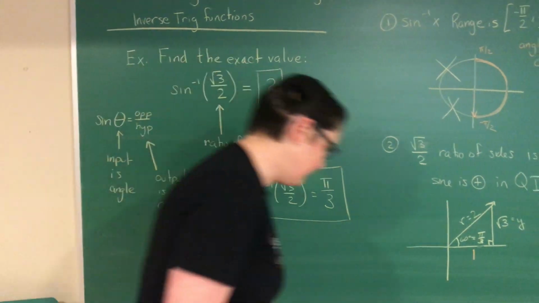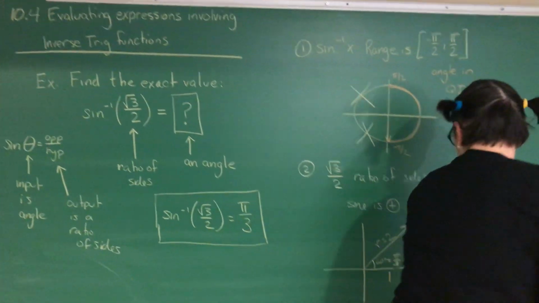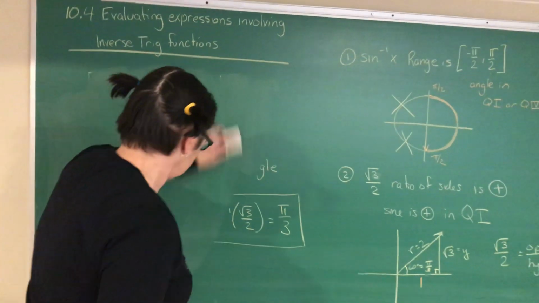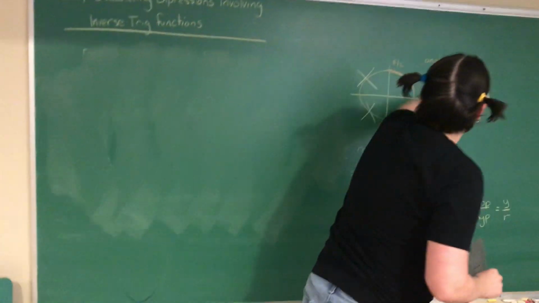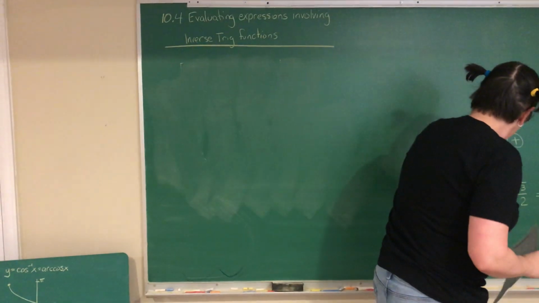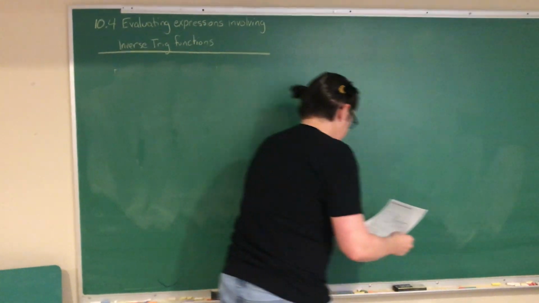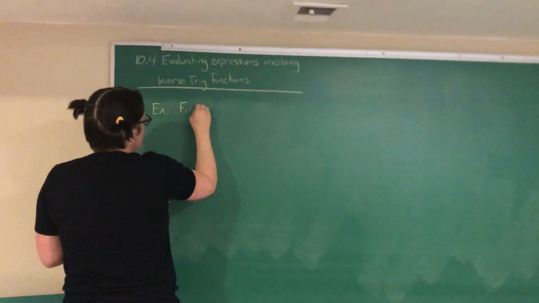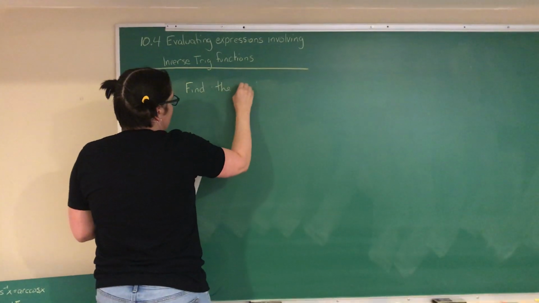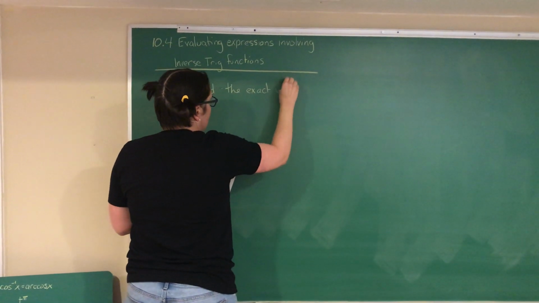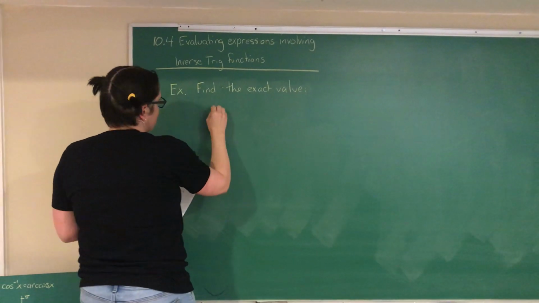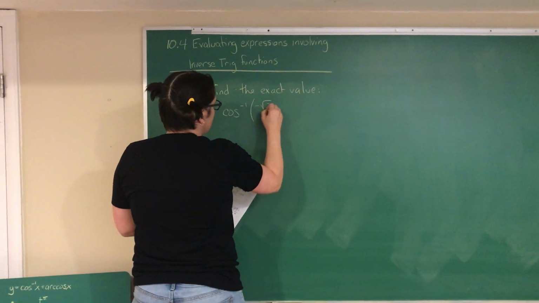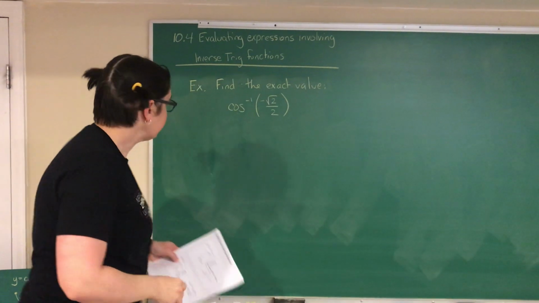Okay, let's look at another example. Same instructions, find the exact value, and this time our expression is inverse cosine of negative root 2 over 2.